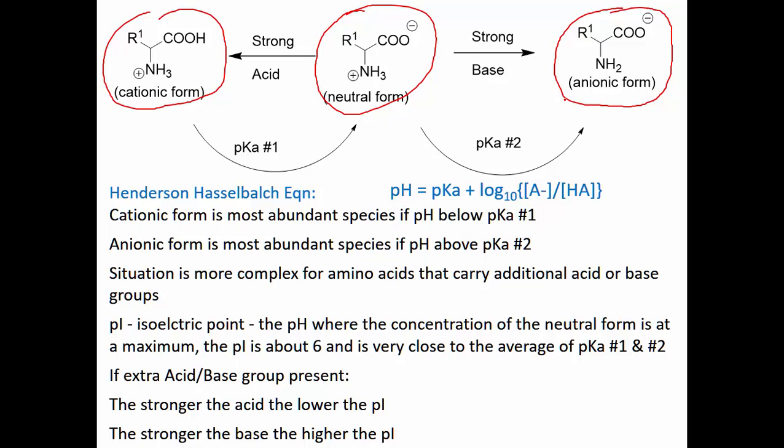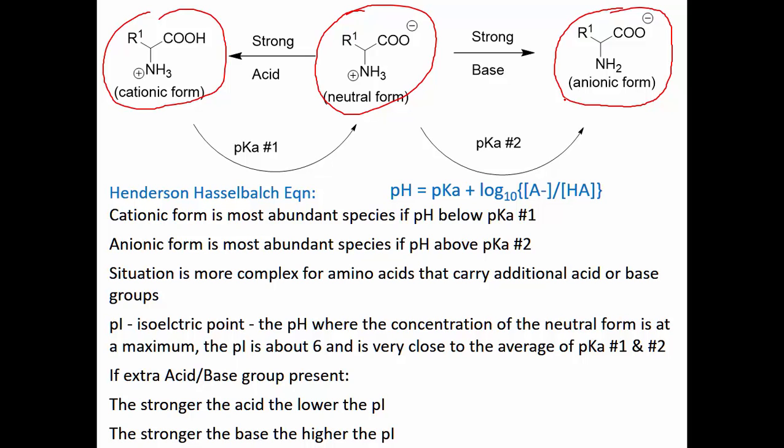So the cationic form is the most abundant species if the pH is below pKa number 1. The anionic form is the most abundant species if the pH is above the pKa number 2, and in between, the neutral form is the predominant species.